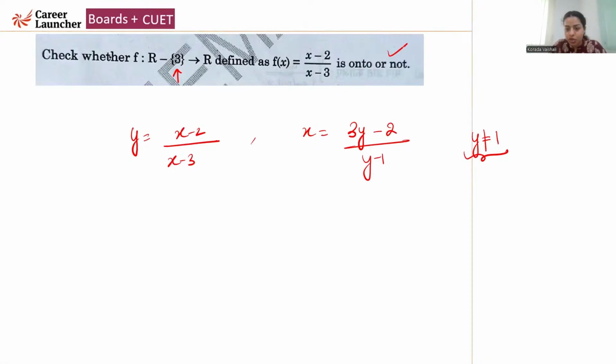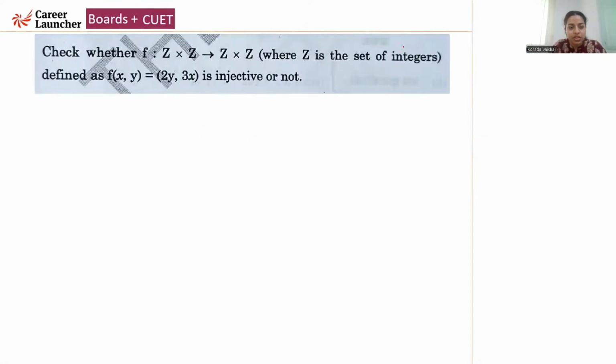So now let's move on to the next one. This is based on, again, we have to check whether the function is injective or not. This means we have to check 1-1 and onto. So we can do that by simply assuming that two function values are equal, and then we will check whether their domain elements are equal or not. So let's do that here.